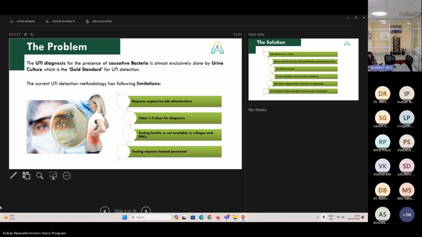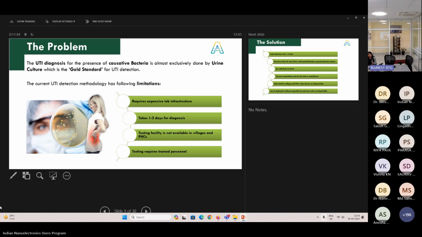That is okay when you have a mild UTI, but especially for patients who are in the post-operative, post-recovery stage after a major surgery, their immune system is already compromised, right? They frequently catch UTI because a lot of catheters and medical devices are going inside their body.